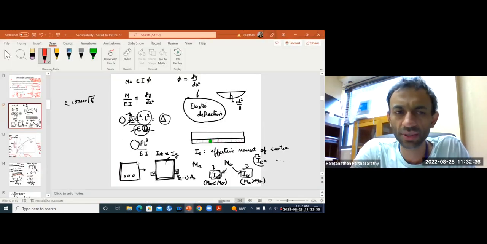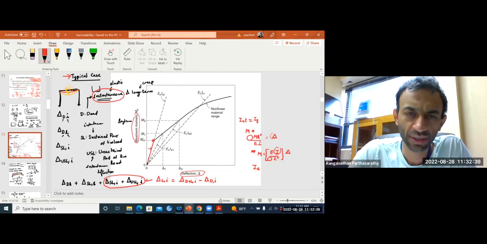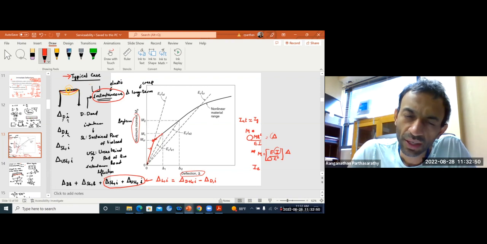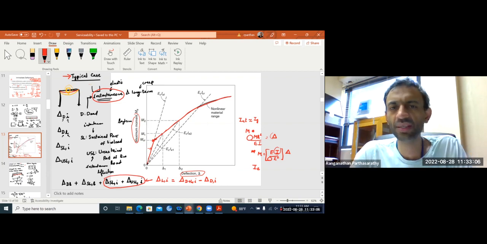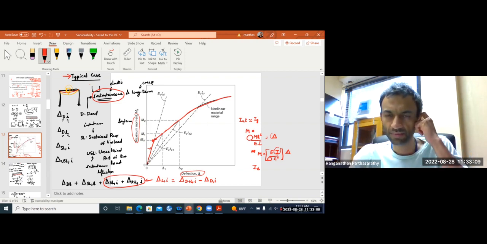So that's why beyond this point, your curve is not linear anymore. From here onwards, it is still changing, and this whole thing is the nonlinear part, okay? Only up to the cracking point, it is linear, okay?